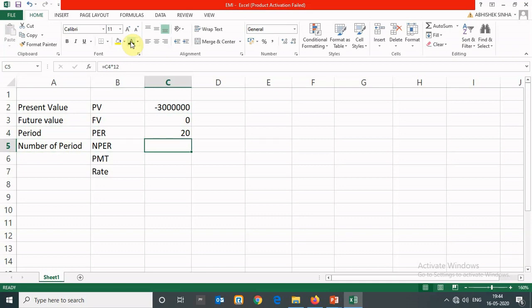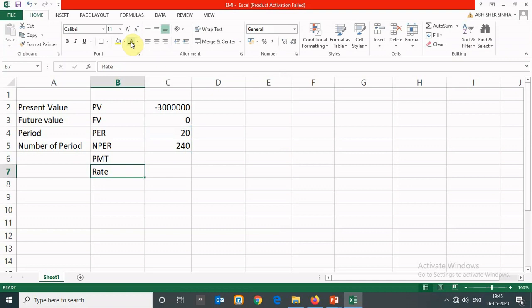So 20 years is a yearly period, but as EMI has to go on a monthly basis, the number of periods for 20 years will be 20 multiplied by 12, so 240 periods will be used for calculating this payment, meaning EMI.